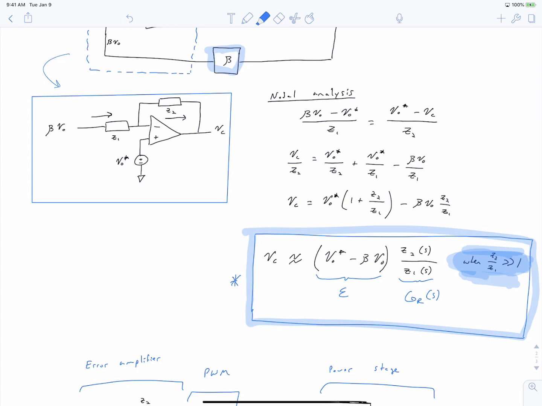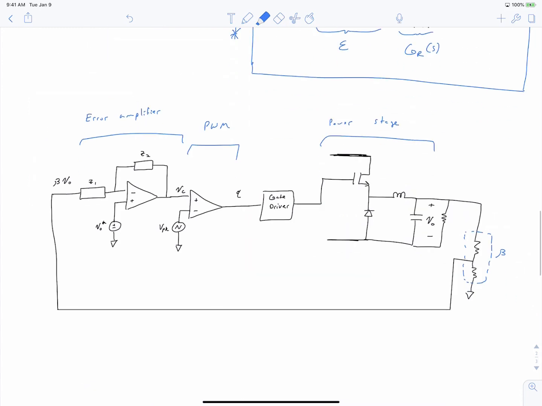When we're past the bandwidth of our regulator, we don't really care what this expression ends up being, but within the bandwidth of our regulation, we need to ensure that Z2 over Z1 is much greater than 1. And we do this by selecting a small feedback factor and by choosing large impedances for Z2 and Z1.